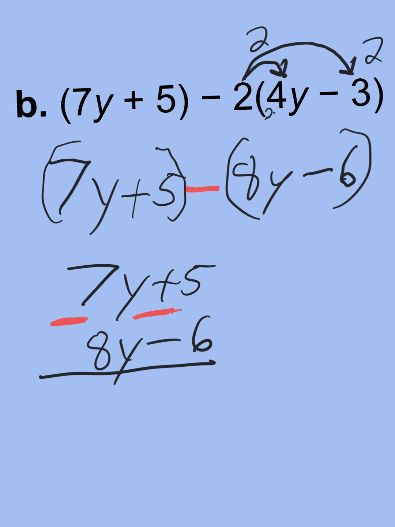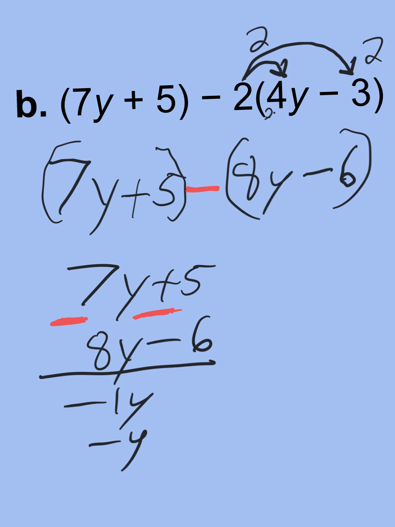So here we go. 7y minus 8y gives me negative 1y, or some people say negative y. Then I need to do the constants. 5 minus negative 6. When you minus a negative, we're really adding a positive.